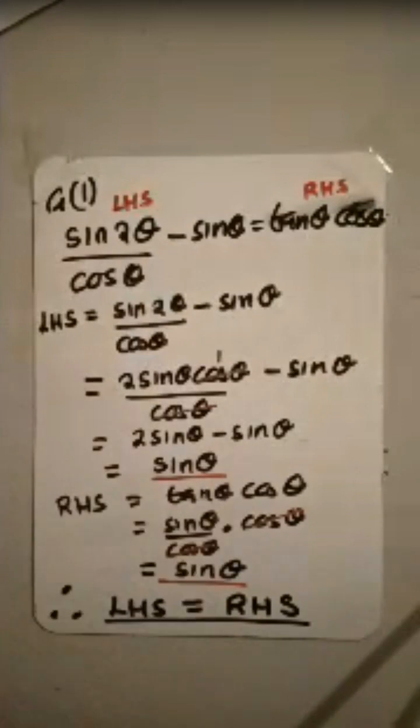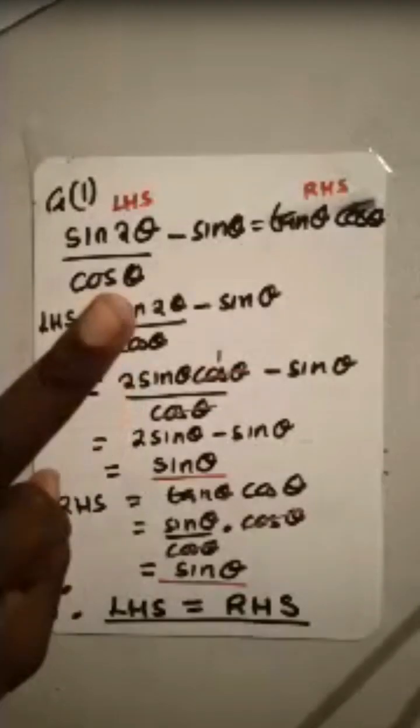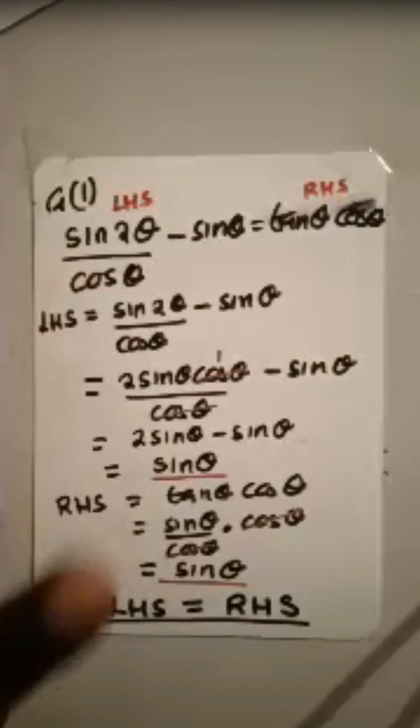I'm going to give you a number of situations, some that include two or more of the identities we've learned about. Remember that we have 4 identities: 1, the quotient identity; 2, the square identity; 3, the compound identity; then 4, the double angle identity.